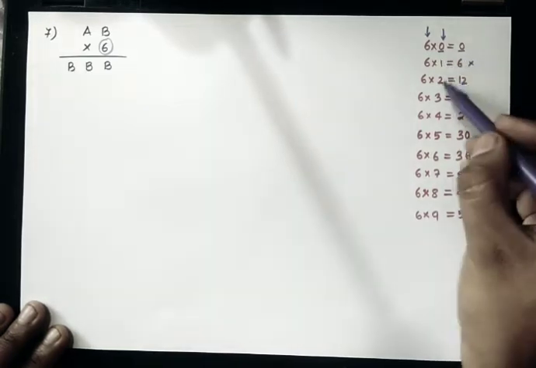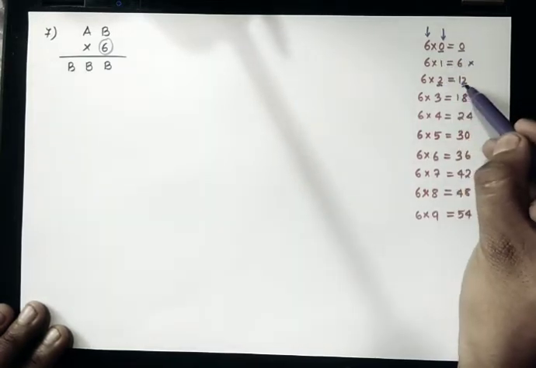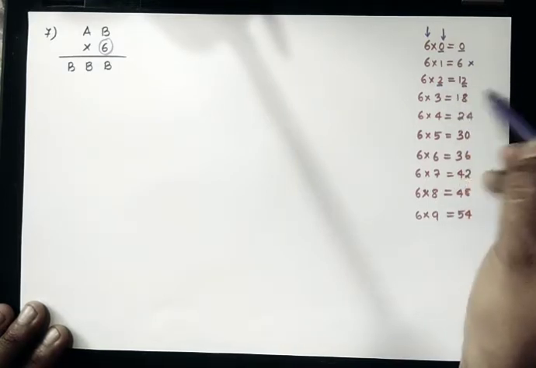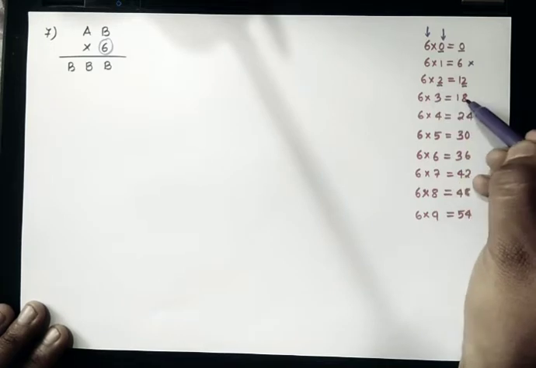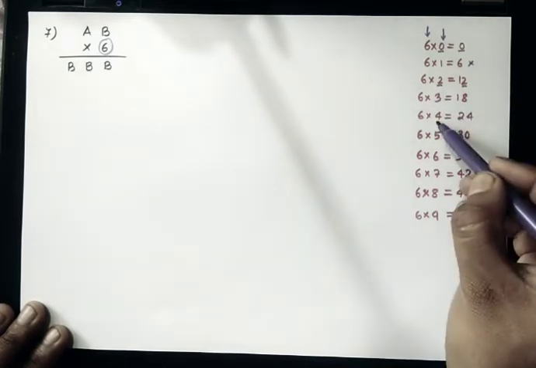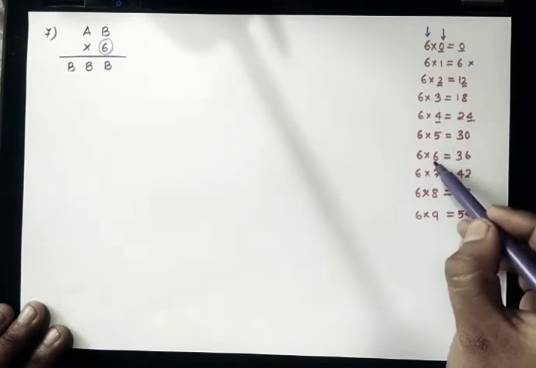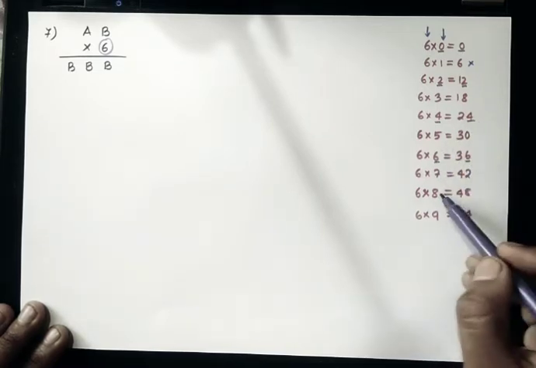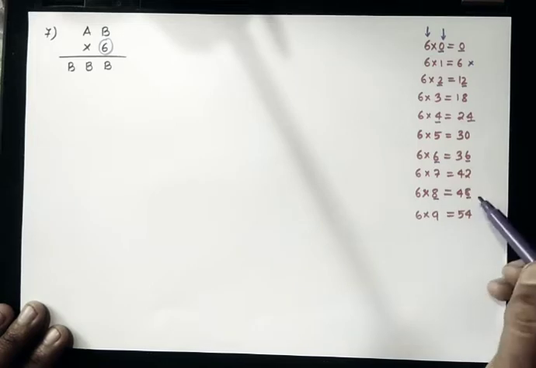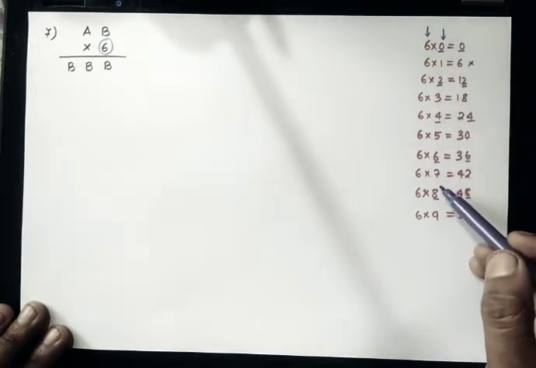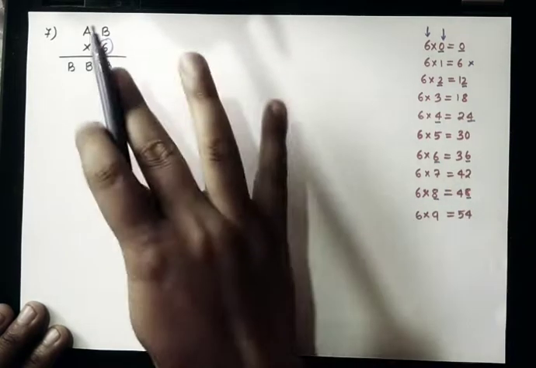Similarly here is 2, and in the ones place this is also 2, so this is possible. Here we have got 3, here we have got 8, not possible. Here we have got 4, here also 4. Similarly here we have got 6, here 6, here 8, here also 8. So whatever I have underlined, those are the possible values for b.